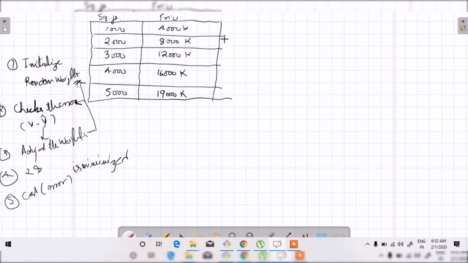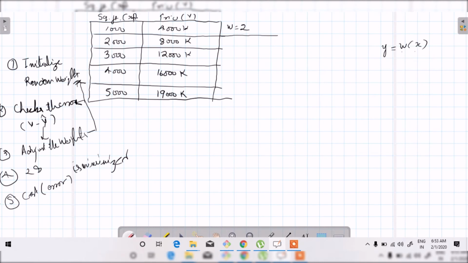So let's start with this. For example, we initialize with a weight w equal to 2. Since this problem is a kind of linear regression problem, we assume that your y, which is your price, is dependent on w into x, where x is your input, which is your square feet.